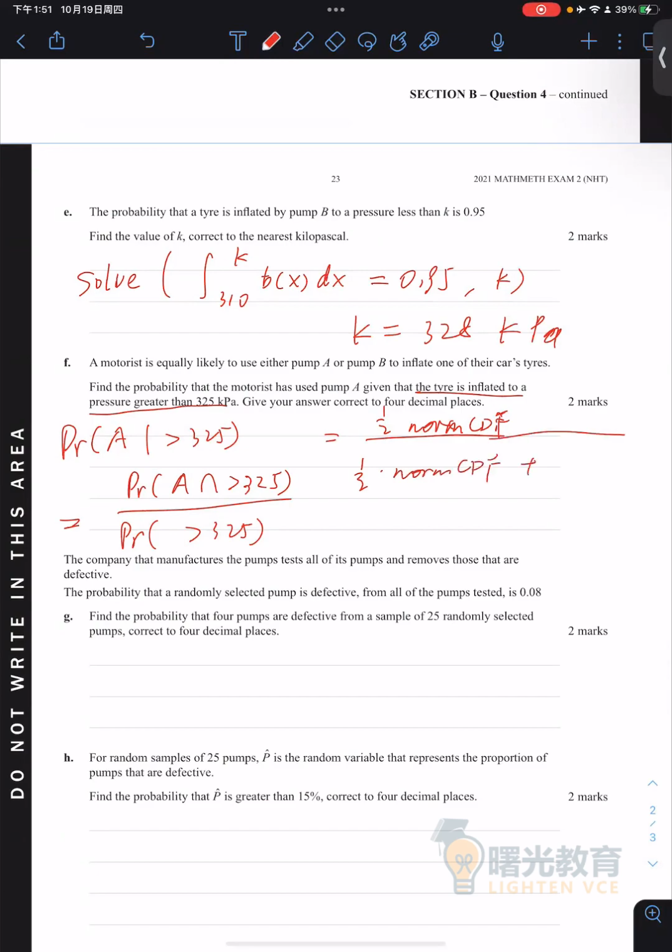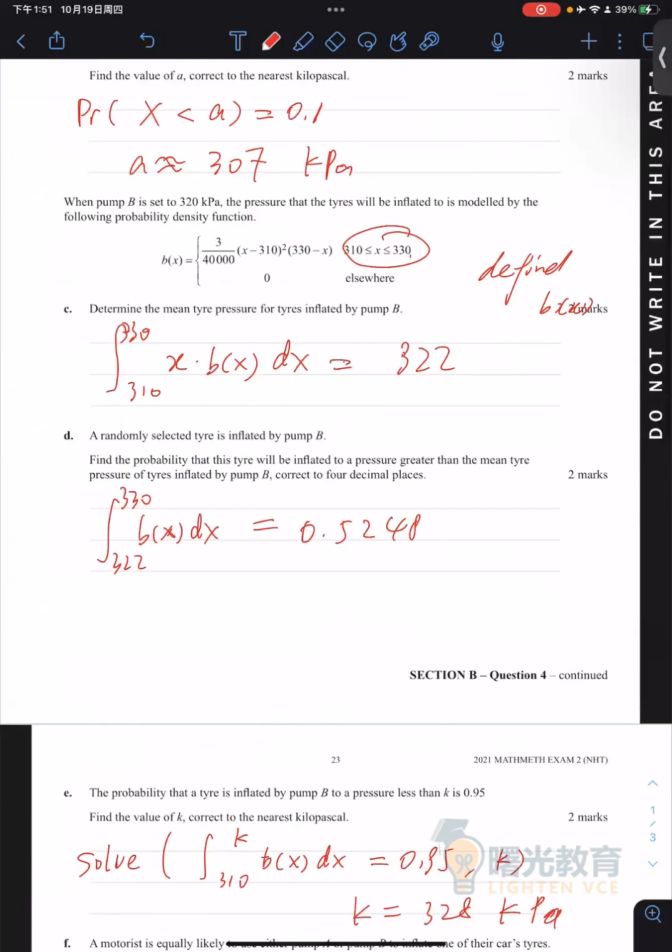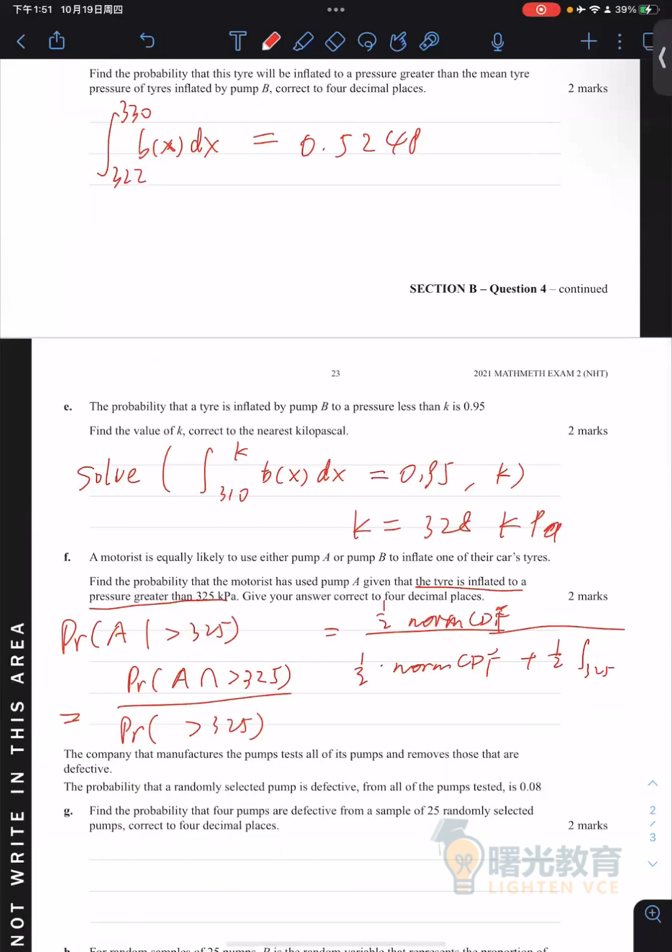And then you're gonna plus another one. What if you select the B? First thing first, select the B is a half, the probability. And then the second stage, you have to greater than 325, and you're gonna do the definite integral over the PDF from 325 to 330 of bx dx. And this is how we find out the complete question answer.